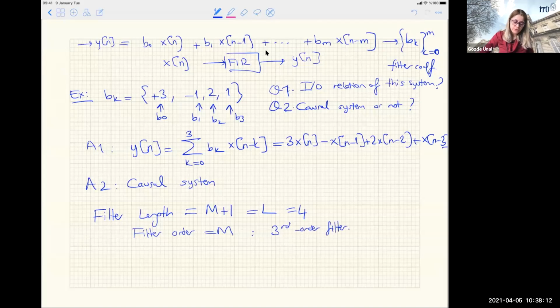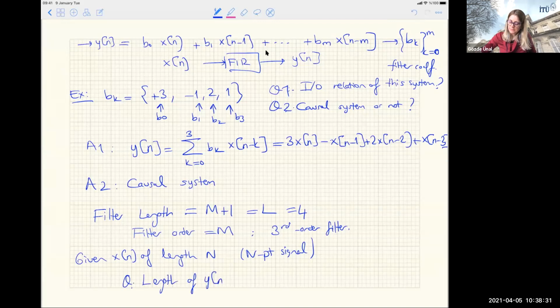Given x of n of length, let's say N, we call it an N-point signal. What is the length of y of n? We've done this already. We know it's N plus L minus 1. You can see this is valid for all FIR filters.